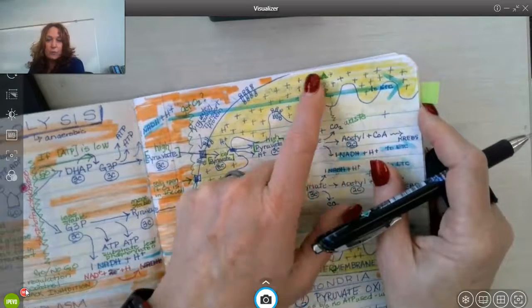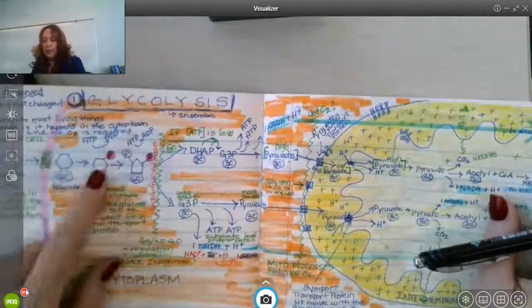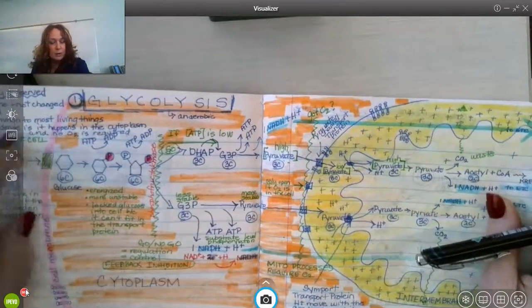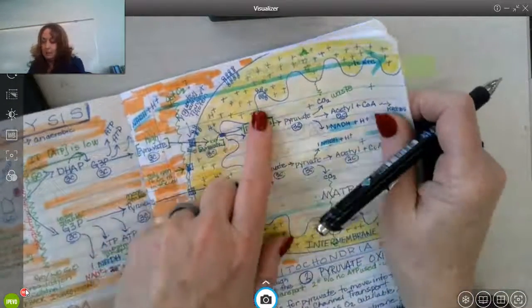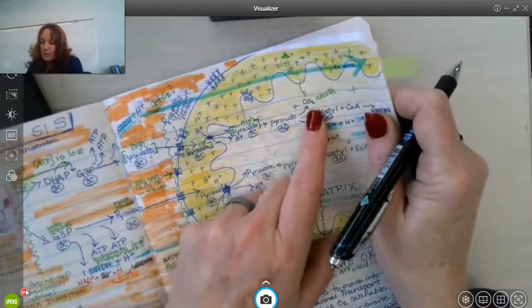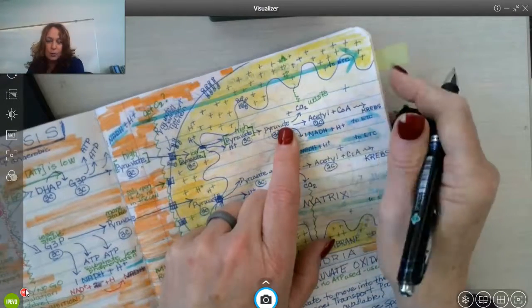So it'll just move on out of the mitochondria, it'll move all the way through cytoplasm, it'll move out of the cell membrane and into blood vessels to be expelled as a waste product. So we have carbon dioxide that we created, 1 per pyruvate.